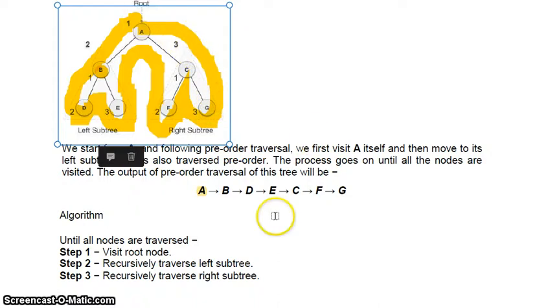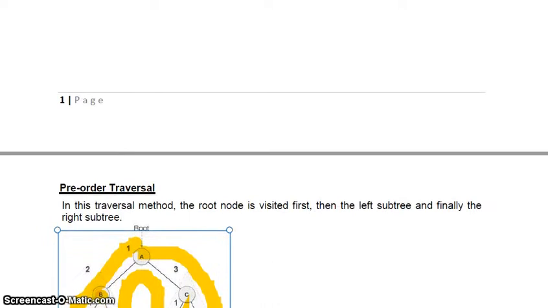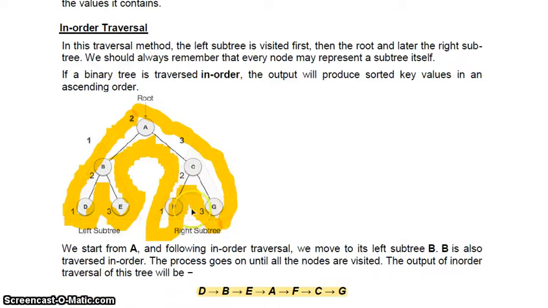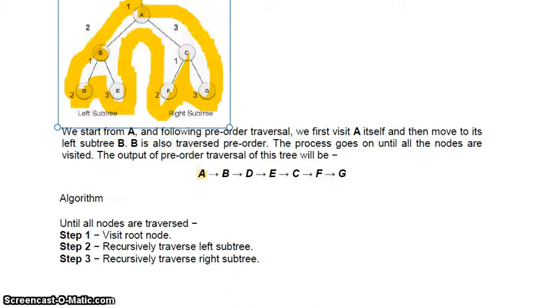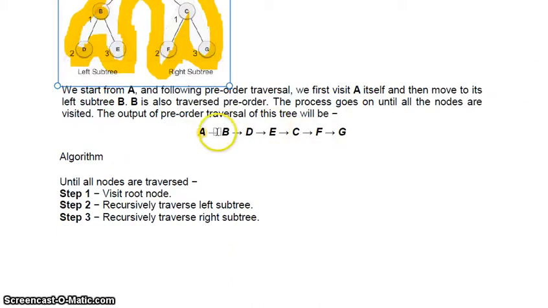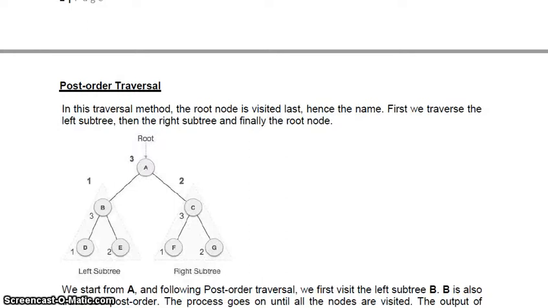Over. As you know, the root node always comes first with respect to pre-order traversal. In in-order traversal, the root node comes somewhere in the middle, but in pre-order traversal, the root node always comes at the first. Then consider the post-order traversal.